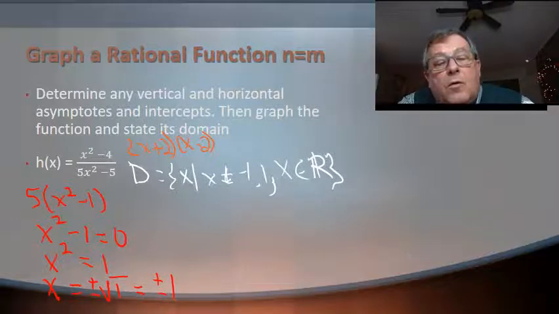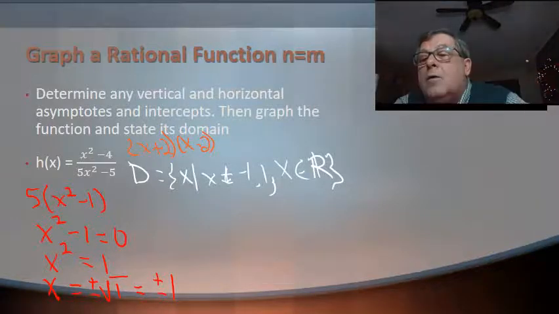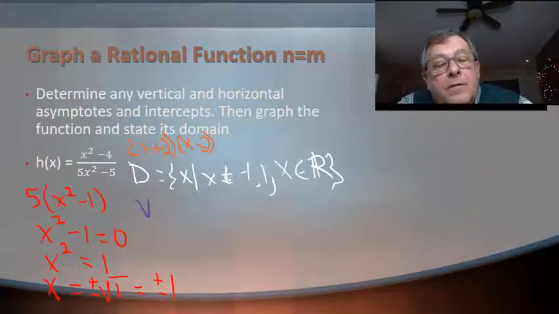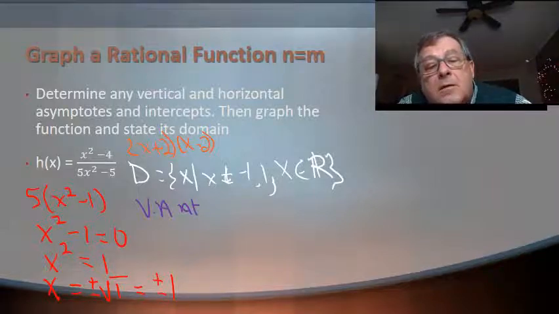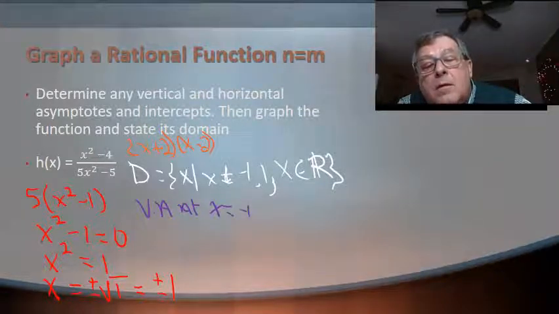And my vertical asymptotes then are going to be defined as vertical asymptotes at x equal -1 and x equal 1.